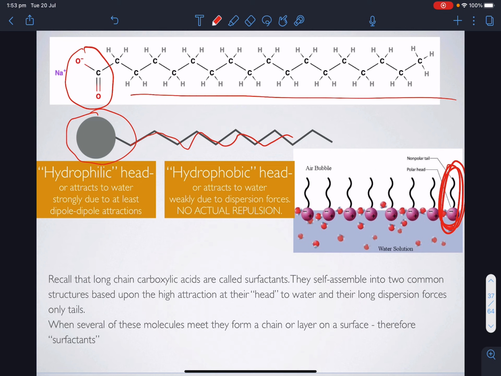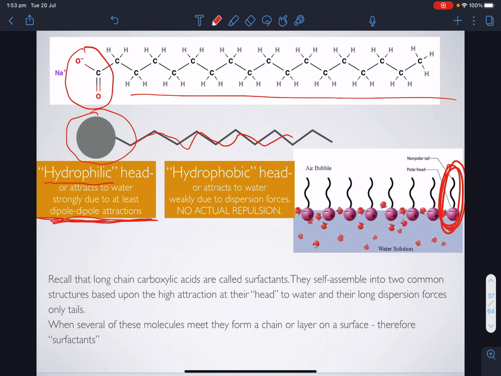It has polar bonds in there, but no hydrogen, so it's going to attract to itself and water with dipole-dipole attractions. So quite strong forces there. Sometimes this is called the hydrophilic head or water-loving. It's attracted to water because water's polar too, so it can form dipole-dipole attraction to it.